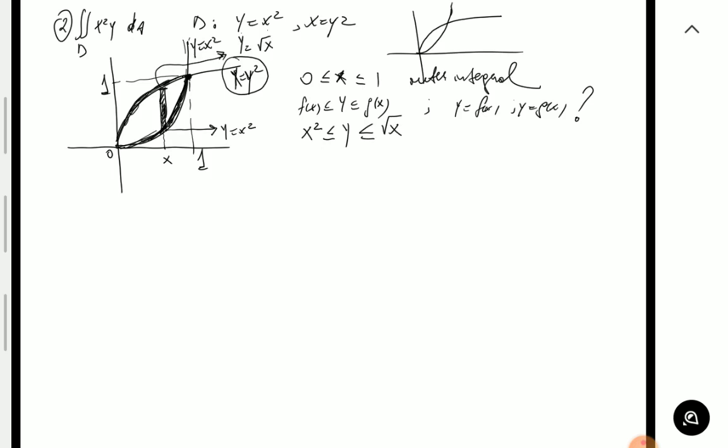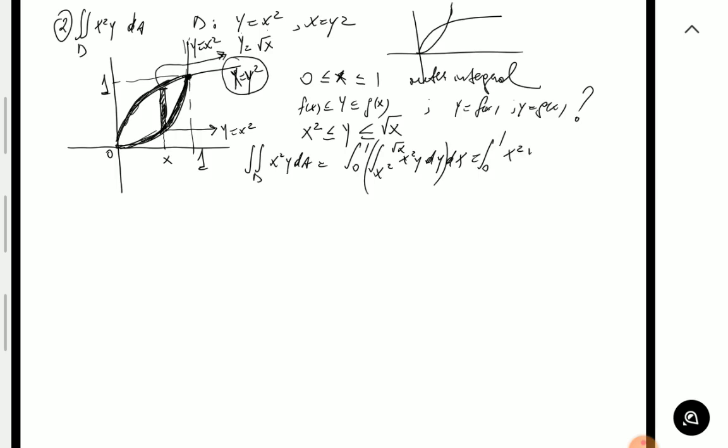All right, I hope it's clear. So let's do it. The double integral will be from 0 to 1, and then from x squared to square root of x, function to integrate, dy dx. With dy, that means x is a constant.